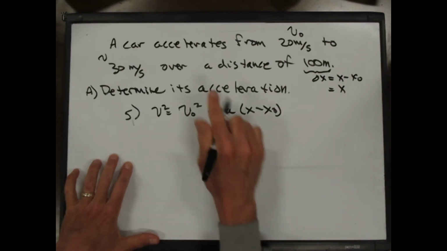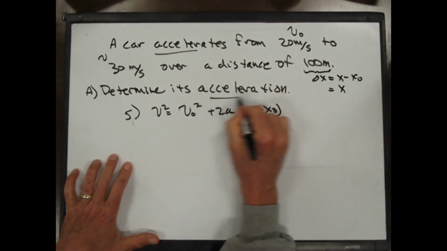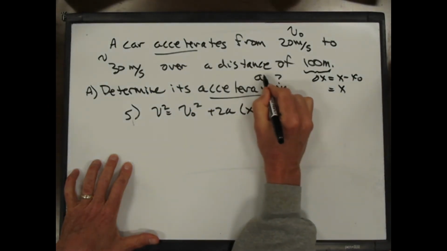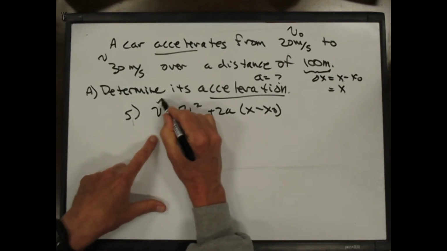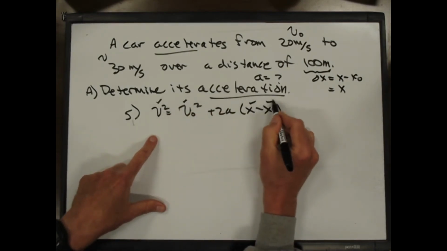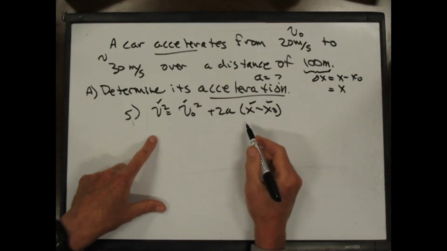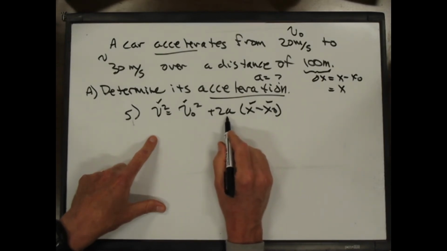We're looking for the acceleration. This is what we want. And so we have v naught, and we have x minus x naught, which is that 100 meters. And so I'm looking for a.